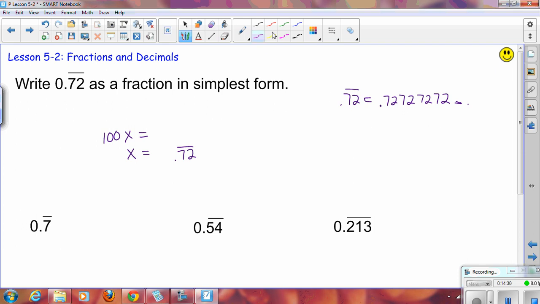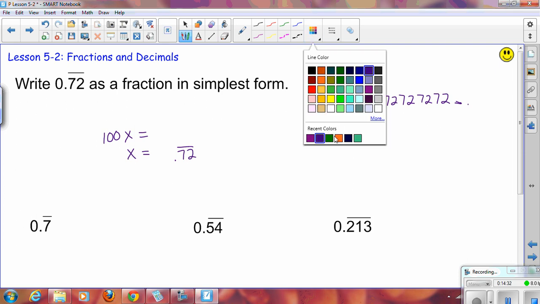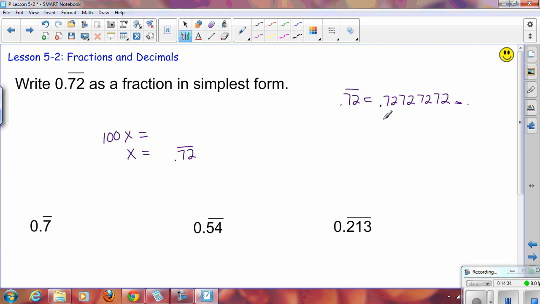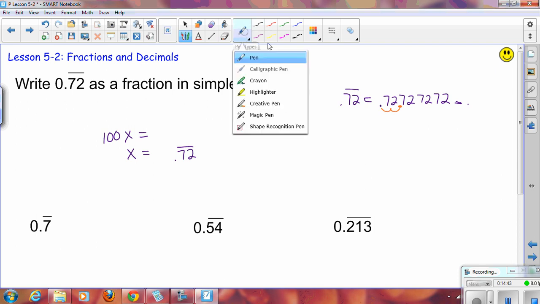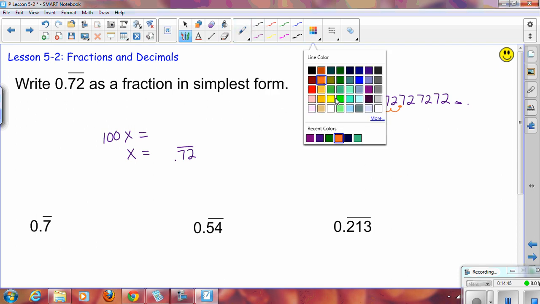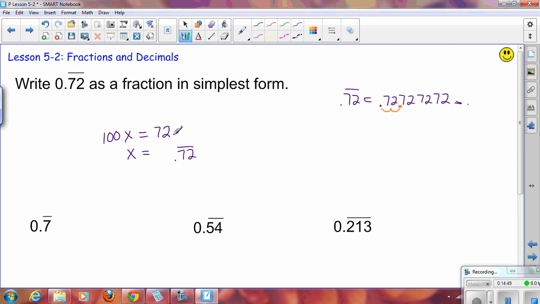When we multiply 0.72 by 100, we move our decimal 2 places, right? Okay, so this becomes 72.72, and the 72's repeat here also. Even though we moved our decimal over, they still continue to repeat.